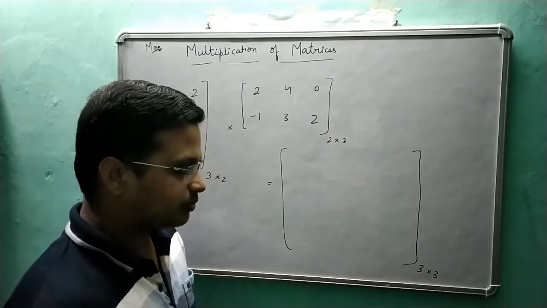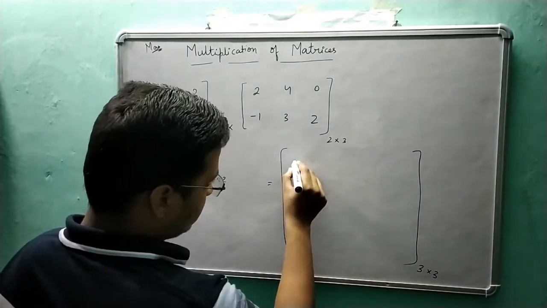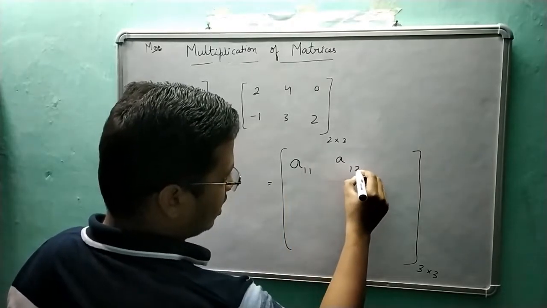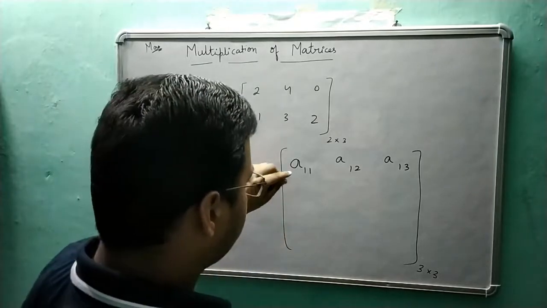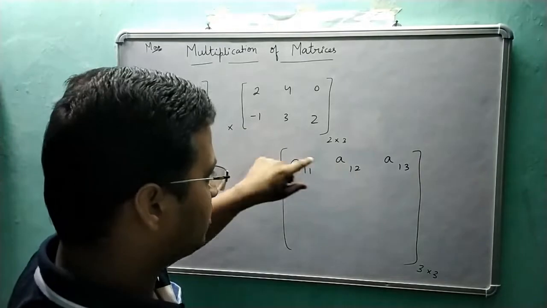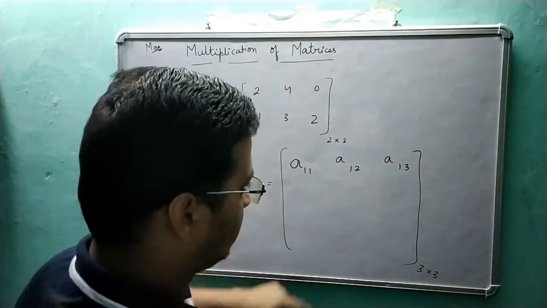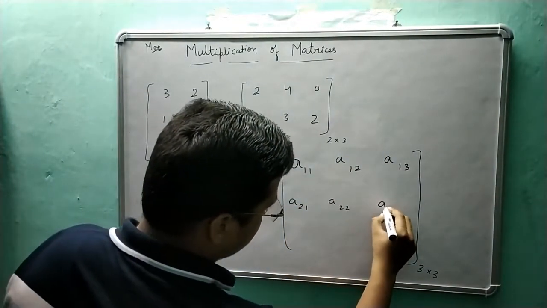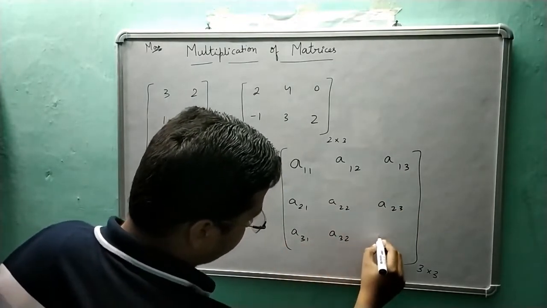But before that, since this is a 3 cross 3 matrix, the element which will be here will be a11, this will be a12, this will be a13, the index of these elements, because this is the element in first row and first column. So 1, 1. This is first row, second column. This is first row, third column, and so on. Similarly, this will be a21, a22, a23, a31, a32, and a33.